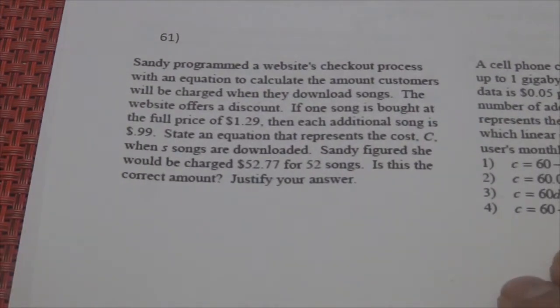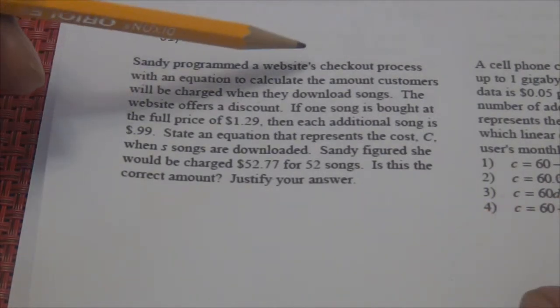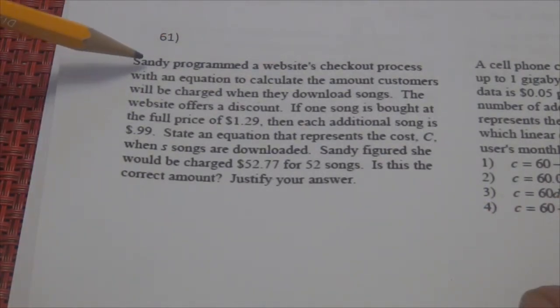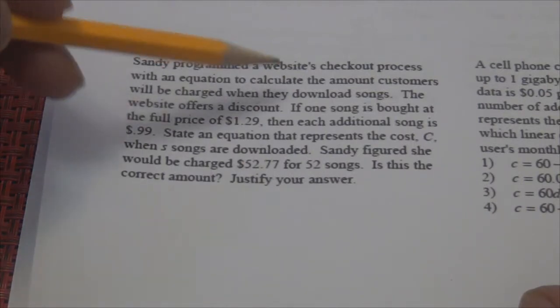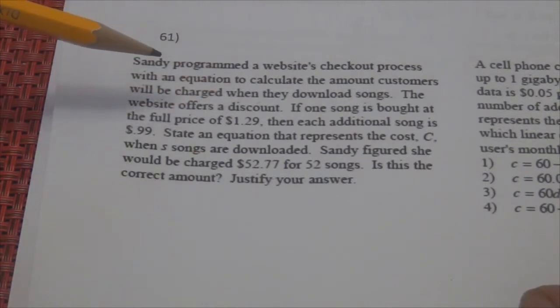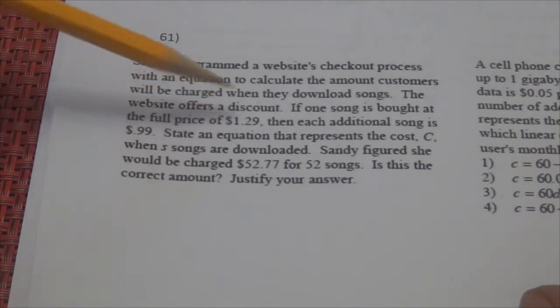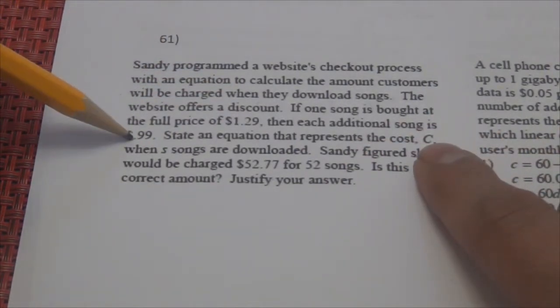So let's read this problem. Sandy programmed a website's checkout process with an equation to calculate the amount customers will be charged when they download songs. The website offers a discount. If one song is bought at the full price of $1.29, then each additional song is 99 cents.